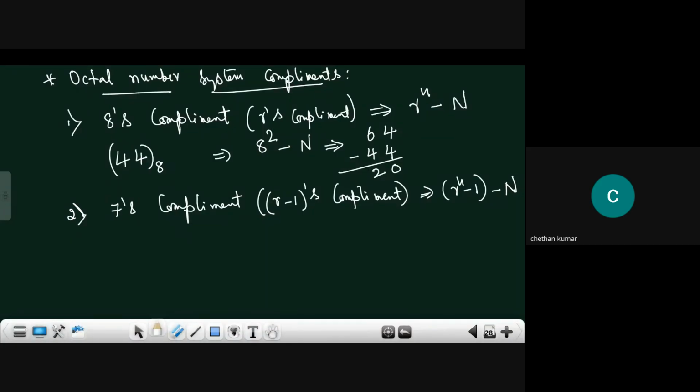Are you understood? Then the 7's complement of the same number is 8 power 2 minus 1 minus capital N, which is 64 minus 1, 63, minus 44, which is 17. If you add 1 to the 7's complement, that becomes the 8's complement.